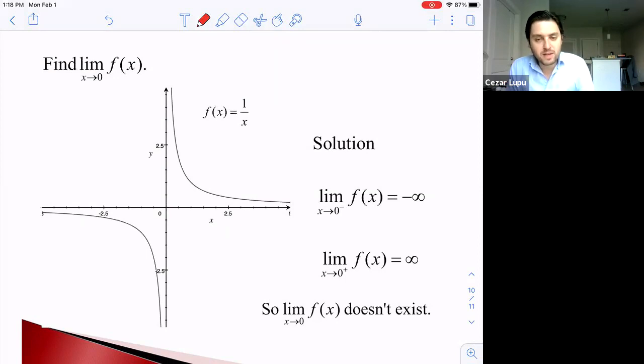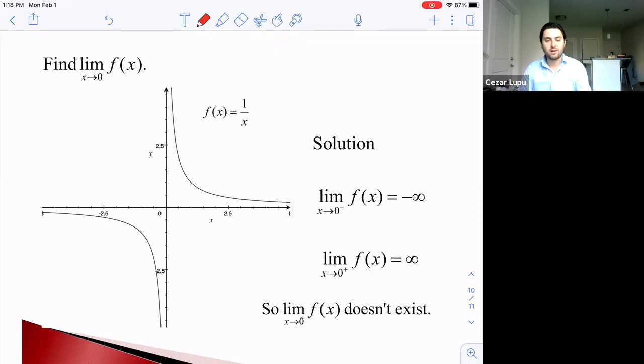So what can you say about the limit of f when x approaches 0 from the left, and what can you say about the same thing when x approaches 0 from the right?